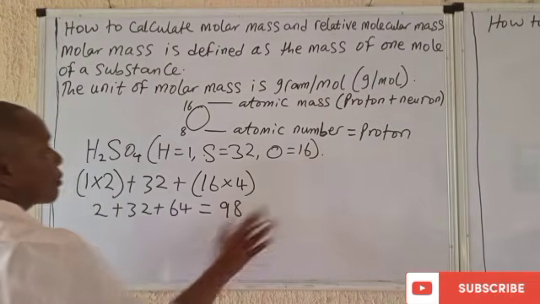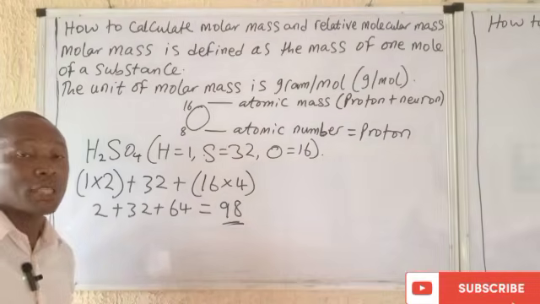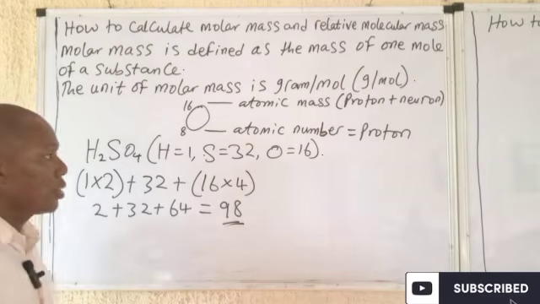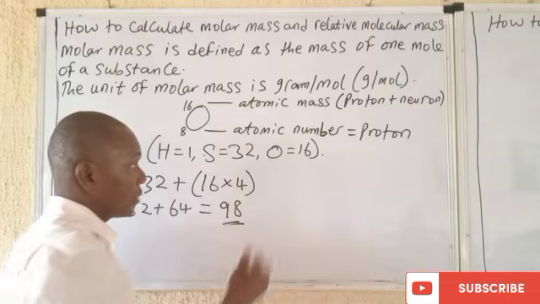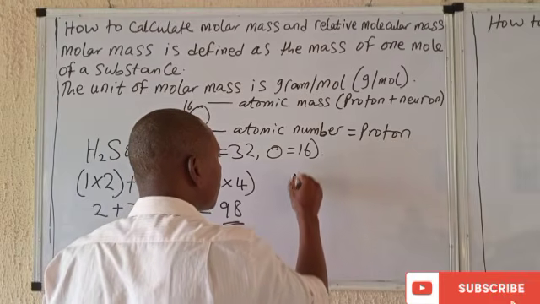So this now becomes the relative molecular mass without a unit. All right. Now you can take this as an assignment before we go to the next subtopic. Calculate this.